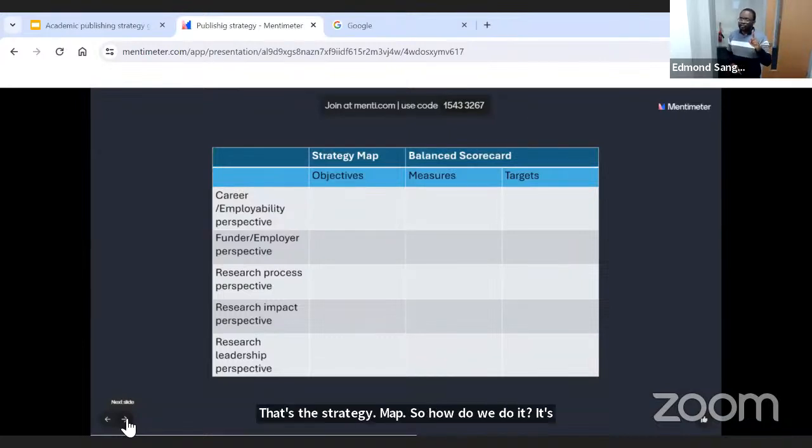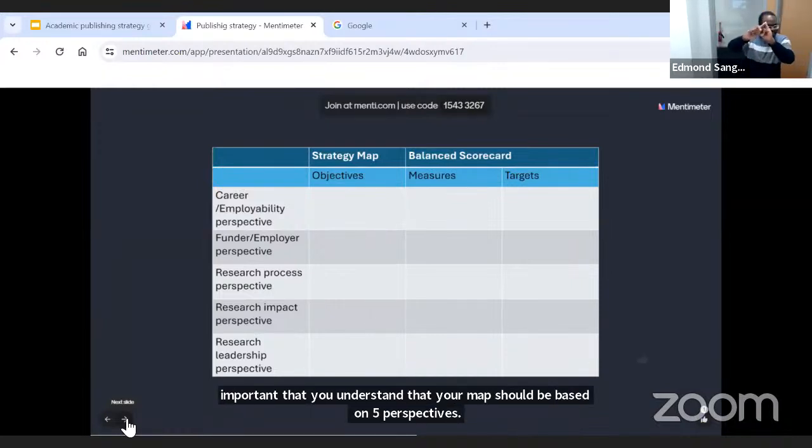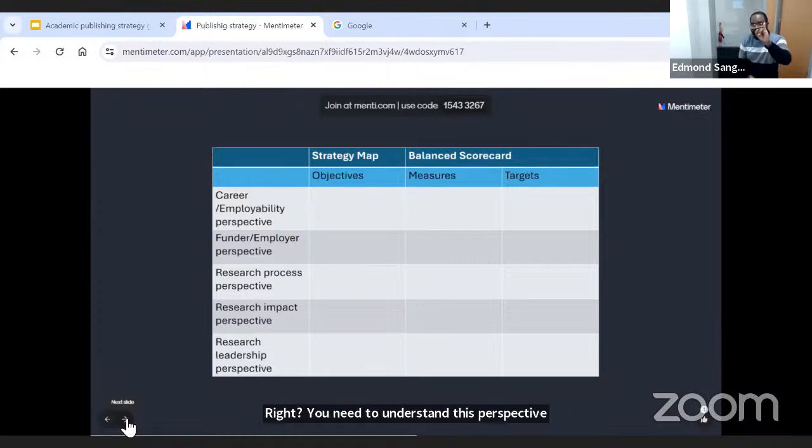It's important that you understand that your map should be based on 5 perspectives. You need to understand the perspective of the career. That is more of an intrinsic perspective that is within you. What is the career that you want? How does your strategy fit in with that career? What are your career objectives, really?